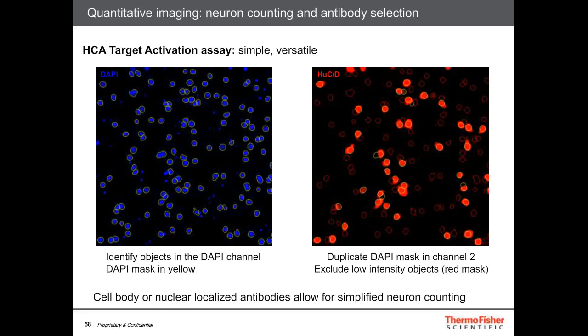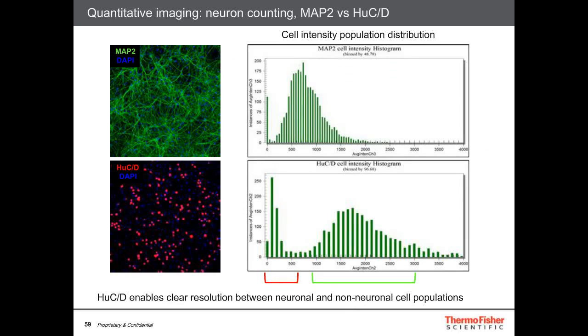The low intensity objects are your non-neuronal population and are not counted, and they're in red now in the right image. The high intensity objects are the UCD positive neuronal population, and they're still in yellow. Sorry, the colors aren't ideal in this image, but the output from this assay can be the number of neurons or the percent neurons. And again, cell body or even nuclear localized antibodies really allow for simplified neuron counting.